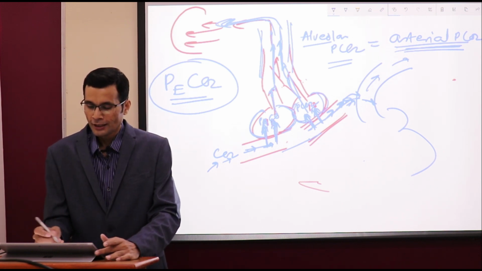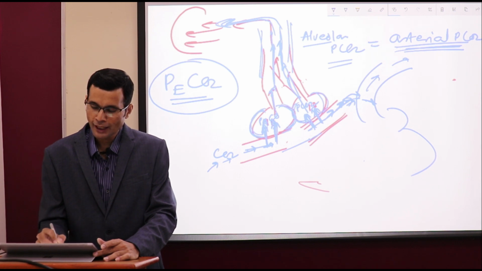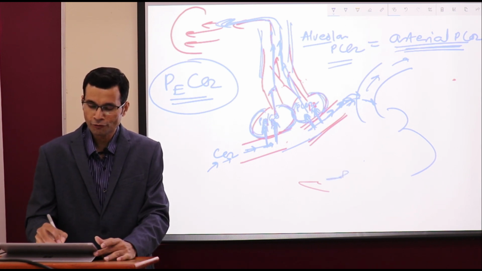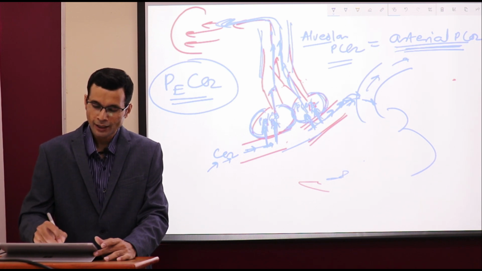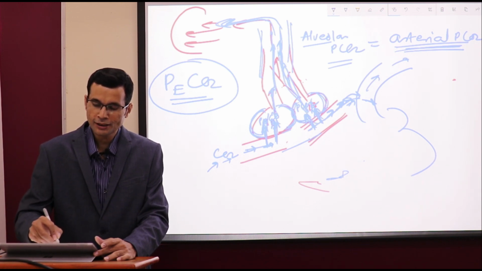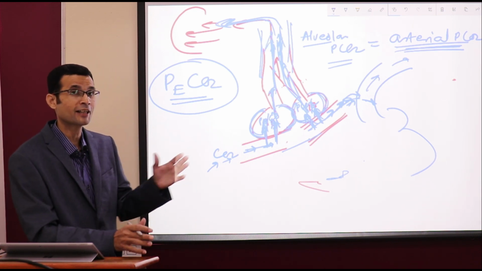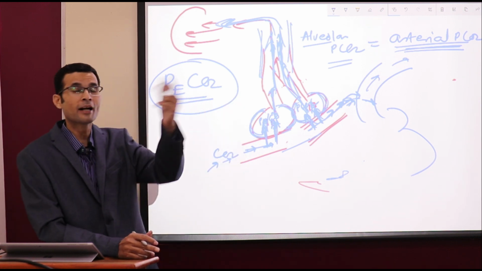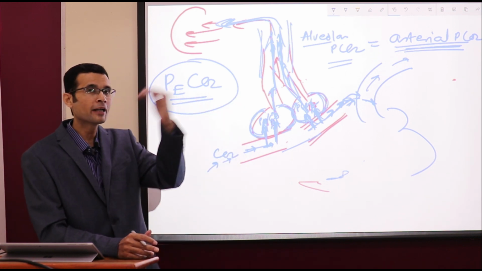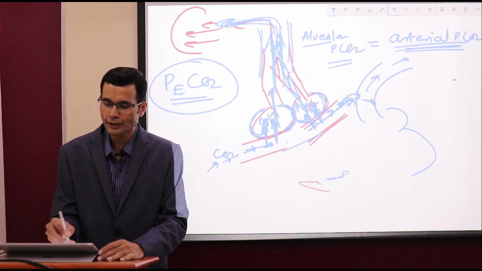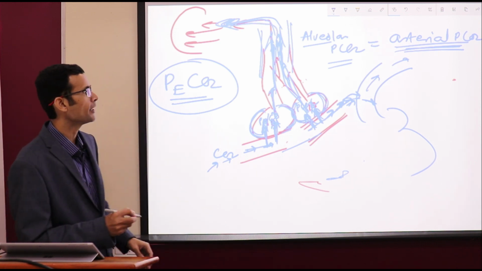Now consider this, both these alveoli were functioning normally. How much carbon dioxide will come from the blood, and then get mixed with this respiratory passage air, which, by the way, did not contain any carbon dioxide. It is the last part of the inspired air. Inspired air was the room air, and room air does not contain any carbon dioxide. So when the air started coming out, the exhaled air did not contain any carbon dioxide.